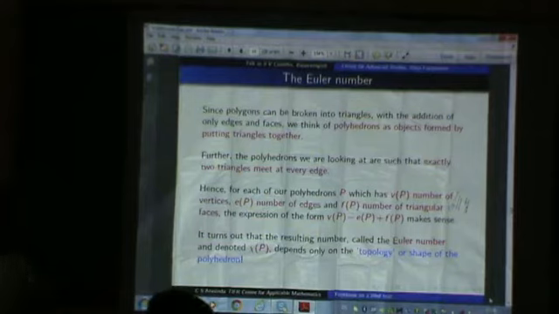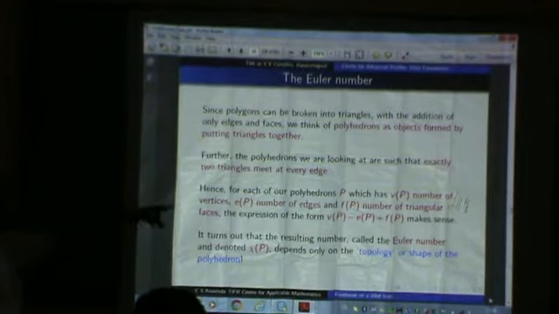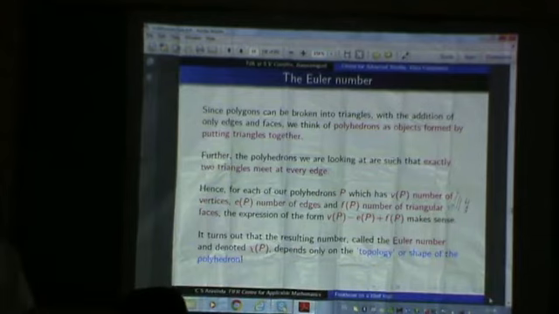Sometimes you do it all very regularly, but sometimes, when you put the box together, you may have made some miscalculation, and another polygon that you put may not be regular. You make a box out of it, but still the number of vertices and so on is the same. So for that, you look at this expression: number of vertices minus the number of edges plus the number of faces.